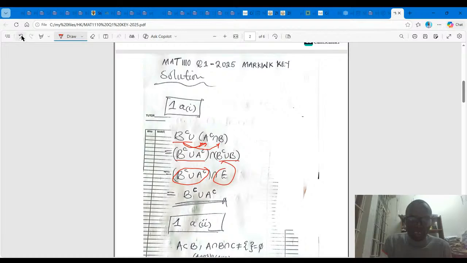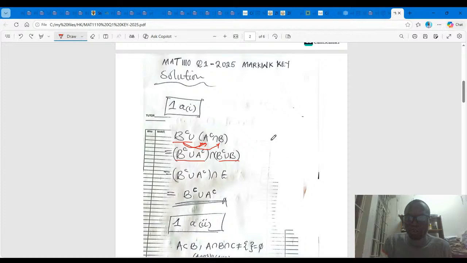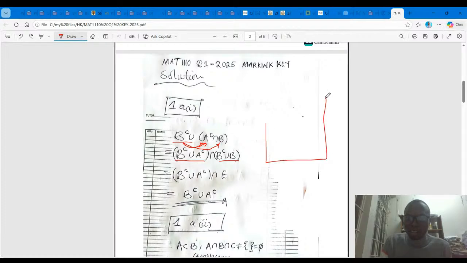I'll give an illustration. So the universal set will look like this. This is the universal set. Then A, maybe have A here, B here.